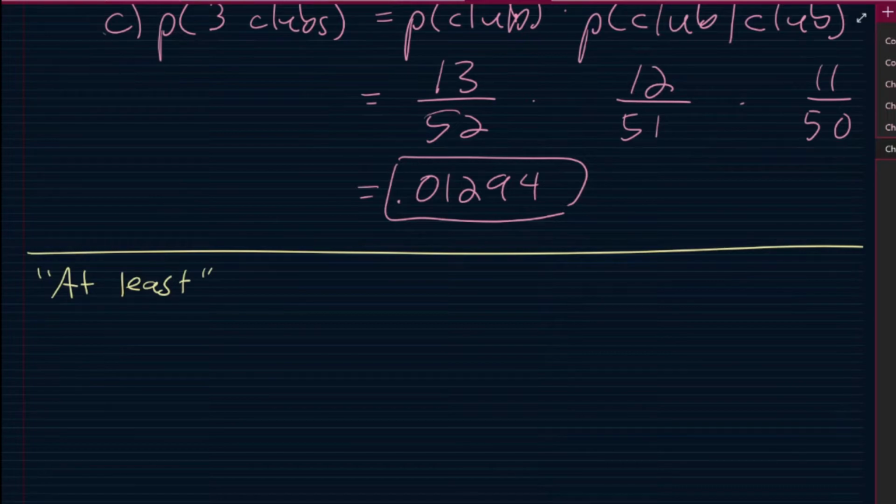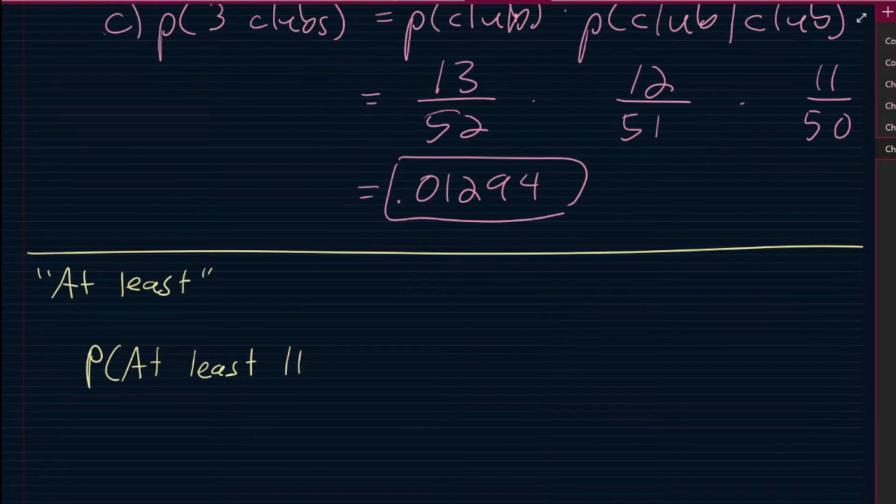And so the phrase is probability of at least some number of A, essentially.